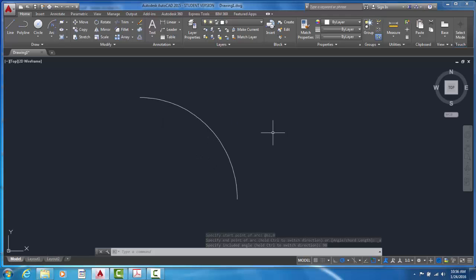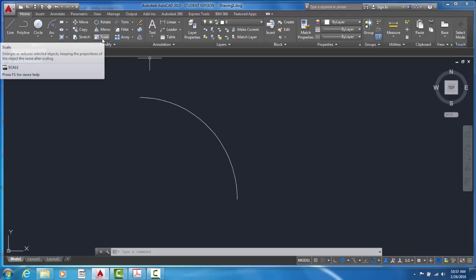I could simply create my other arc, but we know that this one has a radius of 61. The next arc we're looking for has a radius of 77. The difference between those two is 16.